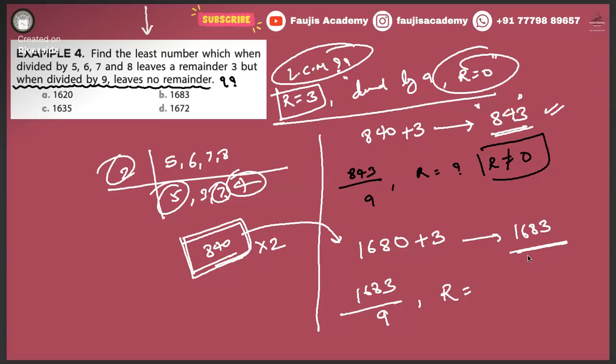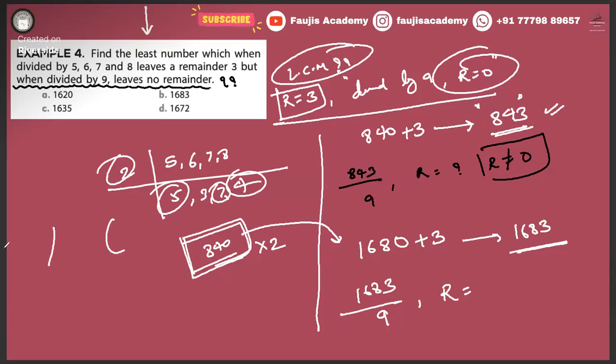I asked for the remainder. 3, sir. Sorry, louder. 3, sir. Okay, the remainder is 3. 1683 when divided by 9, what is the remainder? Now please answer. It's not 3. What is the remainder, guys?